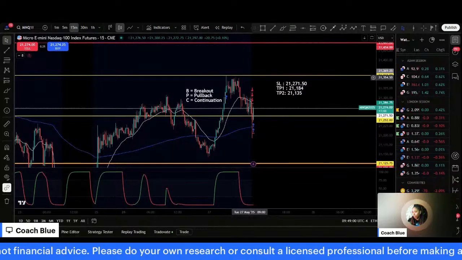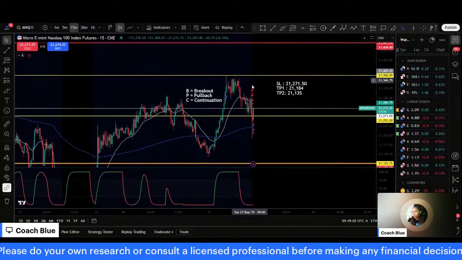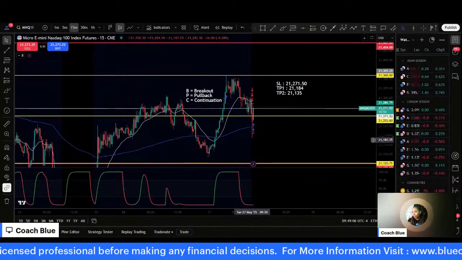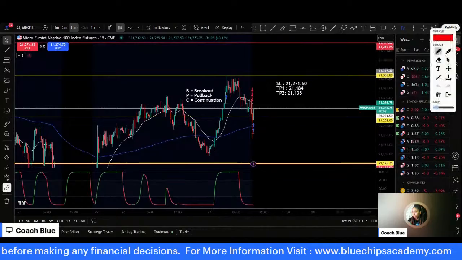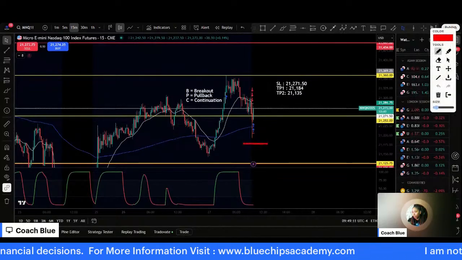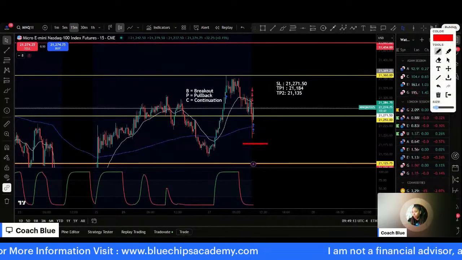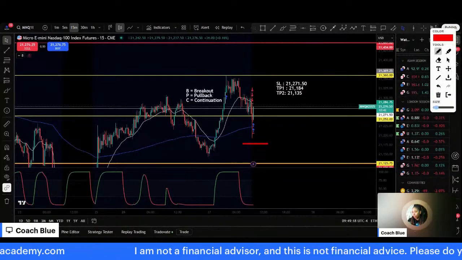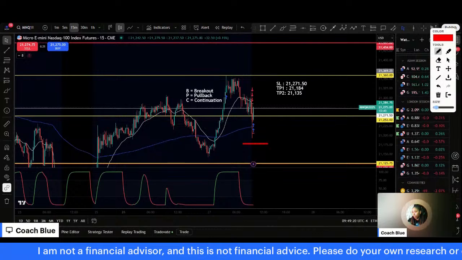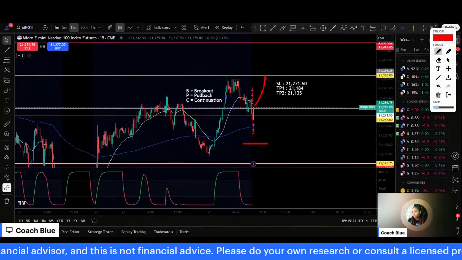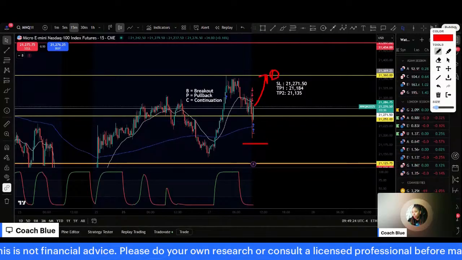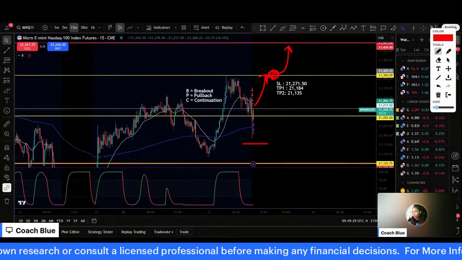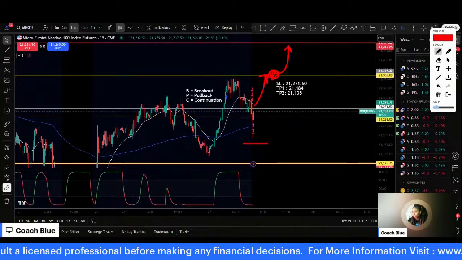But right now, that was an extreme. We got down here. Our stop loss was right here. We missed our stop loss by a couple of inches. Price came all the way down here, and now price is reversing, which tells me that the buyers are trying to continue to push price up. If you get a BPC at this level, and it's a clear one, take it to the upside.